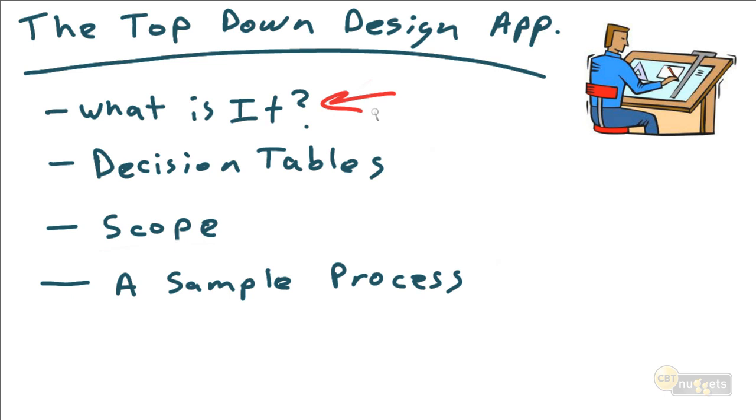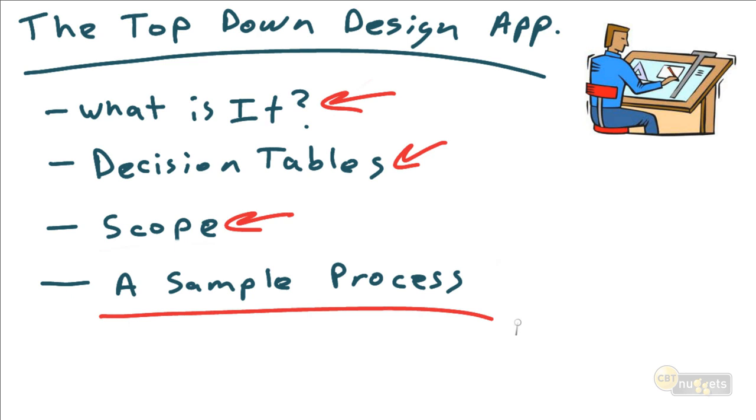We took a look at decision tables, and we saw how they're a great mechanism for taking the requirements of an organization and making the appropriate decision based on those requirements. We talked about the importance of scope and how we really need to look at, okay, just how big of a design is this? And then we walked through a sample process for design. We took a look at things like a rollback procedure and giving the customer an estimate on times when it comes to all this implementation.